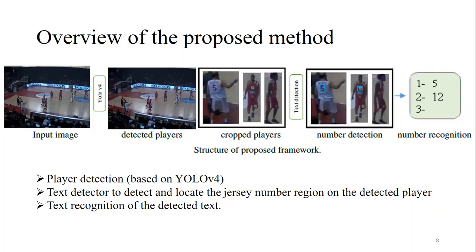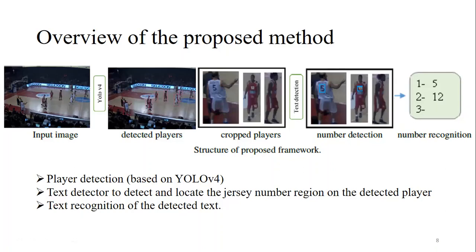The overview of the proposed method is illustrated in the structure of the proposed framework figure. The proposed framework has three main steps: sports player detection, jersey number detection, and jersey number recognition. In the first step, the YOLOv4 object detector is utilized to detect the sports players on the court.